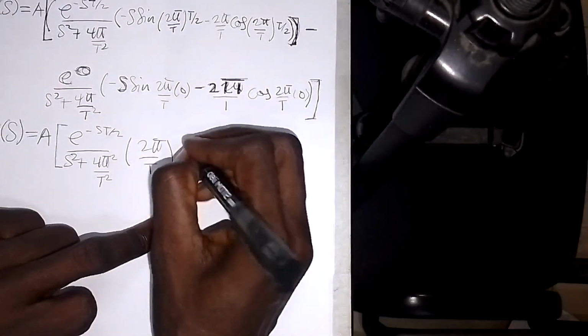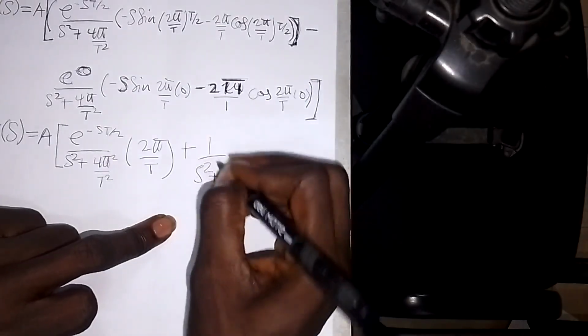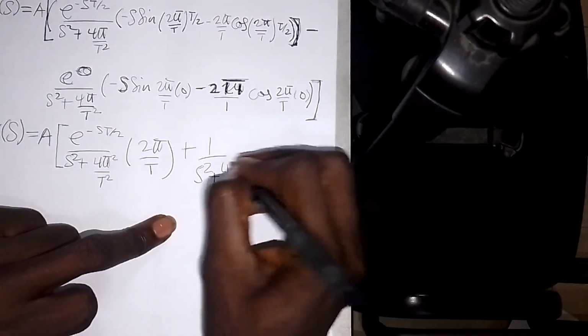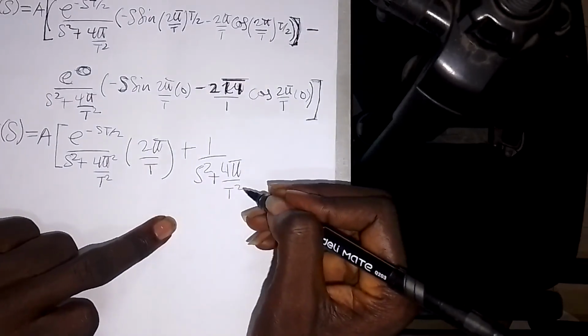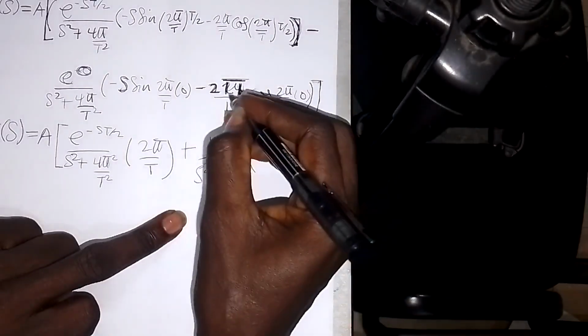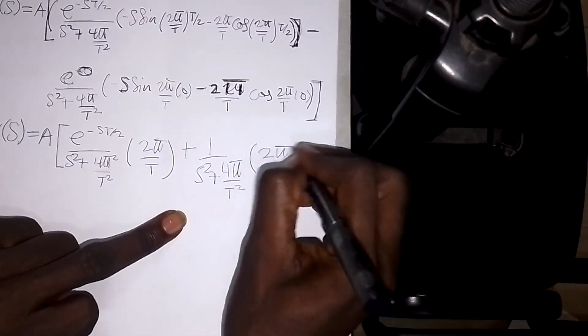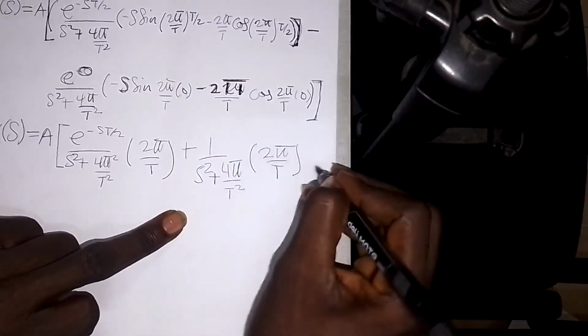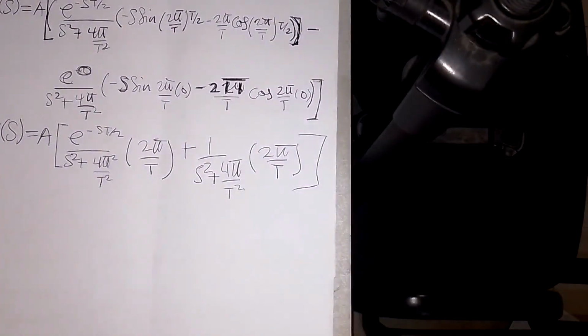So I'll have plus 1 over s squared plus 4 pi squared on t squared. And then here it will become 2 pi on t. So this is what I am actually going to have.